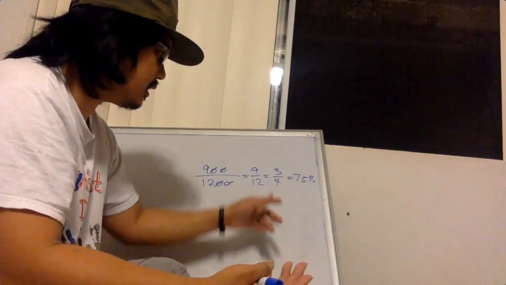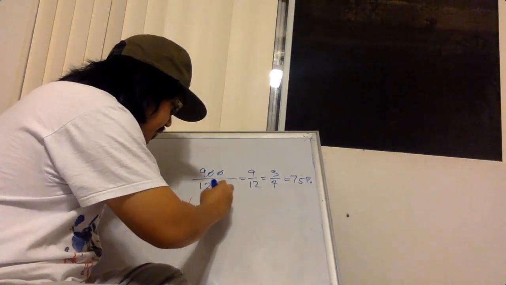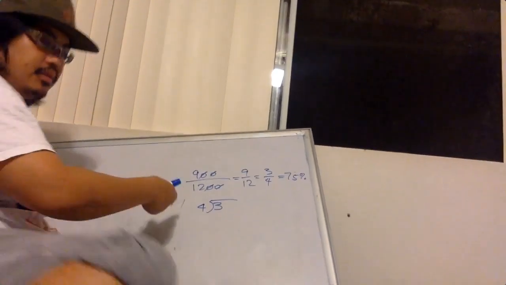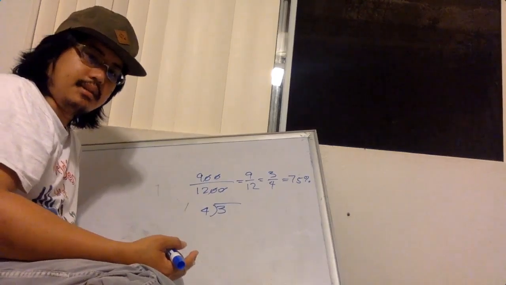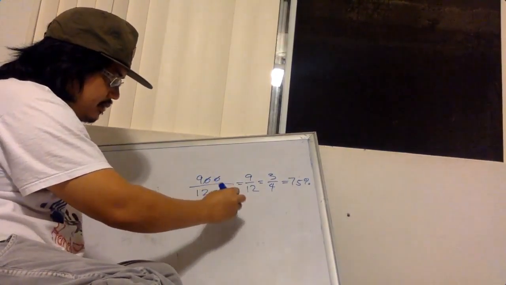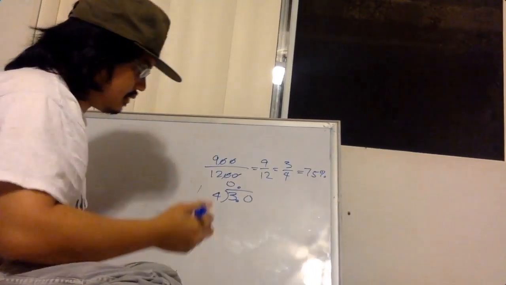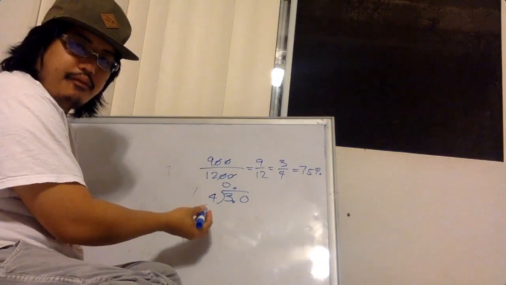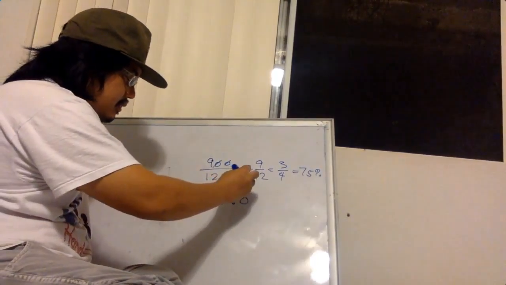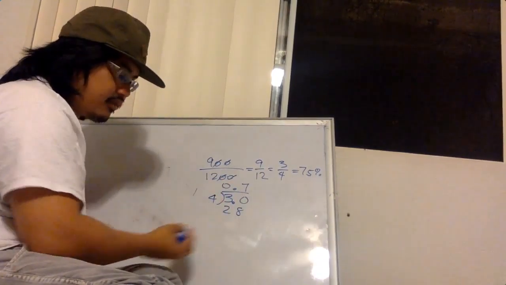Now, let's actually do the math for it. 3 divided by 4. How many times can 4 go into 3? That answer is none. So I put a decimal here and a decimal here, and I can tack on as many zeros as I want. How many times can 4 go into 30? 7 times, because 7 times 4 is 28.